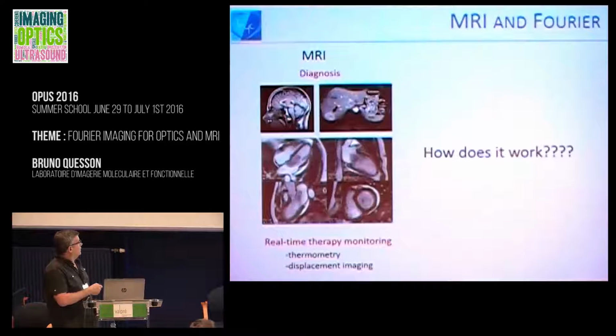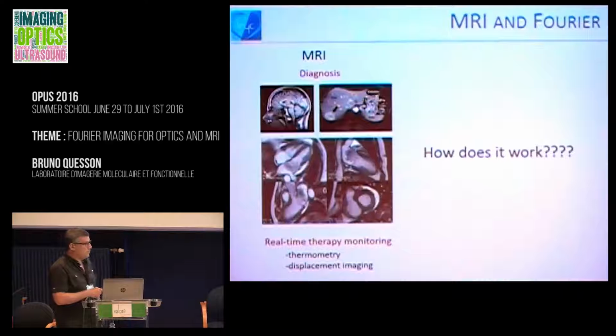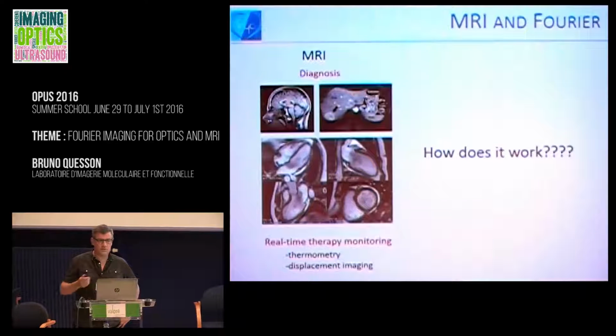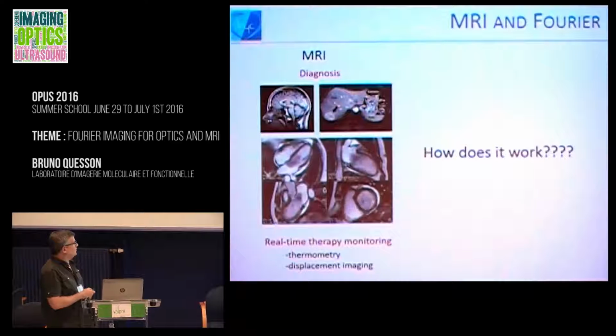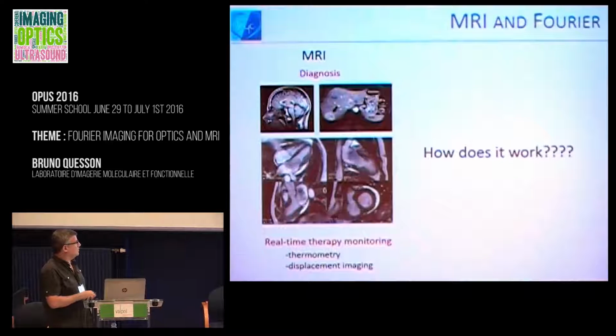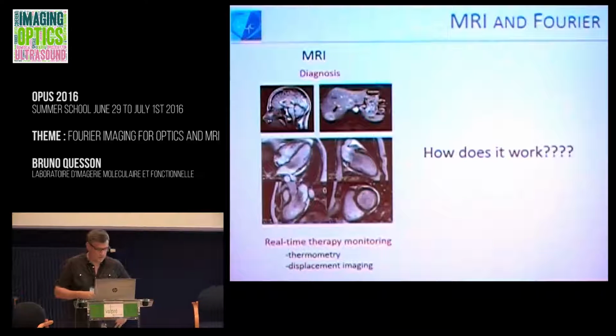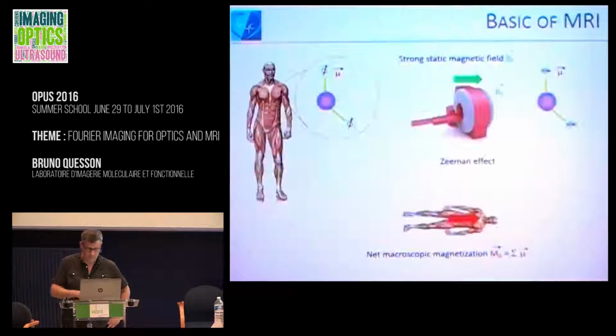The nice thing with MR is that it's operator independent, and you can make images in any orientation in space as you want. So the question is, how does this work? Once I explain how it works, I will show you some examples of how we can use it for monitoring the therapy.